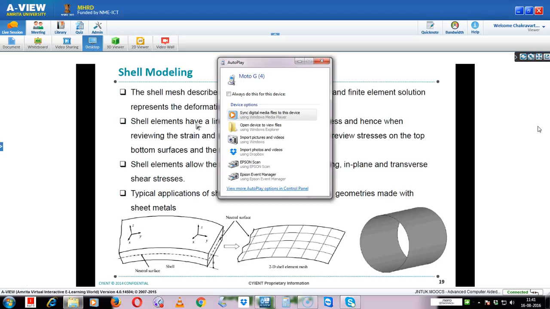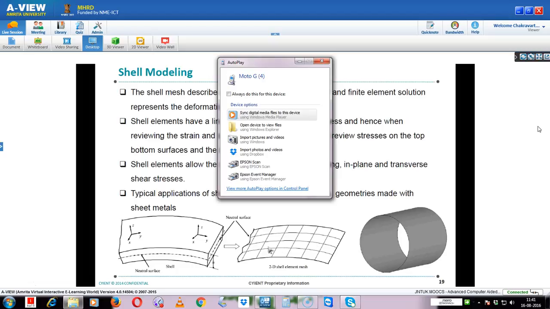Shell elements describe the middle surface of the shell, and the finite element solution represents the deformation of the middle surface. If you take the example below, for this surface we extract the mid surface and mesh it with shell elements. And we assign the thickness. Whatever thickness is there, we assign it to the elements.